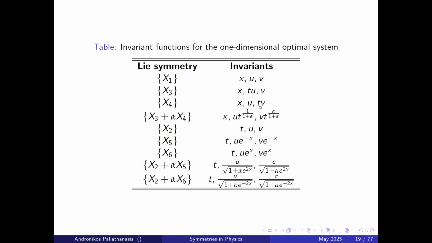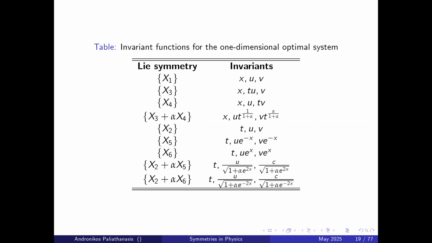Now, for each symmetry vector, we can define the invariants which correspond to it. So for these equations, for the 6 symmetry vectors and for all the elements of the one-dimensional optimal algebra, I present the invariants we can use to reduce the equation.